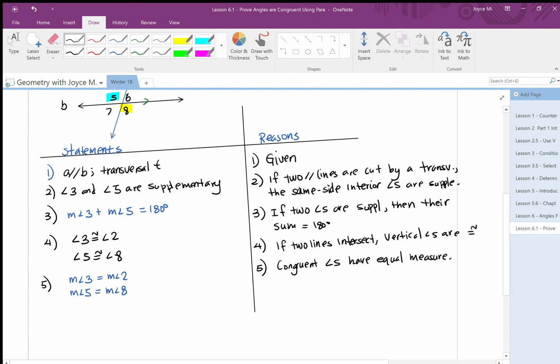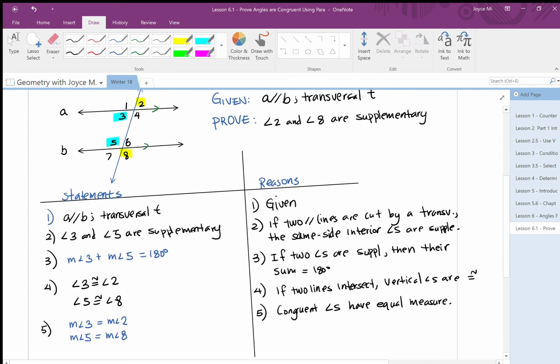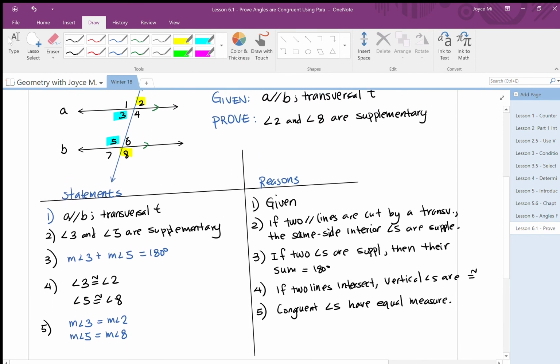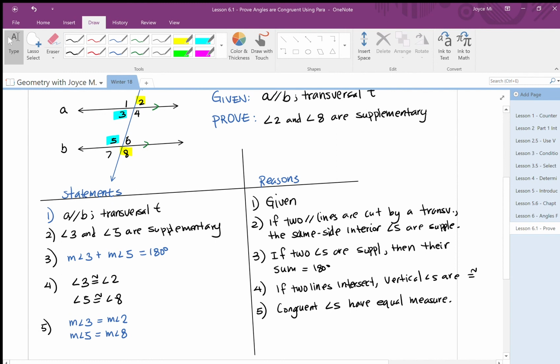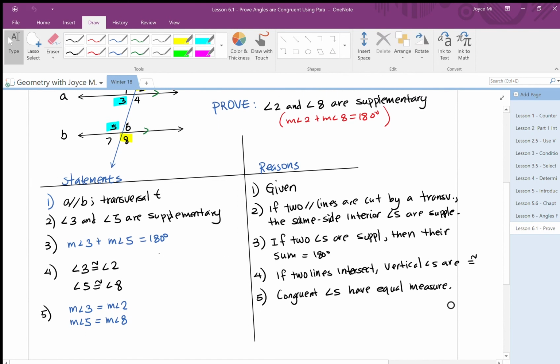Okay, so let's look at what I have and what I want again. And it's okay to go back and forth, look at what you wanted. When you write the proof, we want the measurement of angle 2 plus the measurement of angle A to give me 180. That's what I wanted, right? So look at what you have so far. What I have is 3 plus 5 gives me 180.